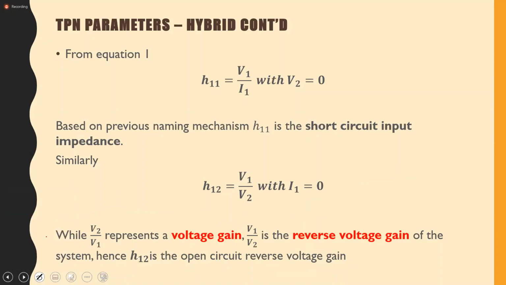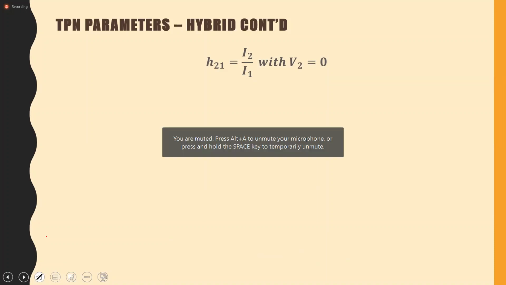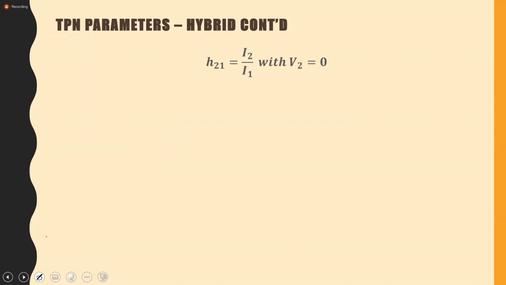Okay. So we can take the other two parameters and apply the same principle in determining what these parameters will be. So H21 is V2 being 0. So if V2 is 0, it's short circuit.